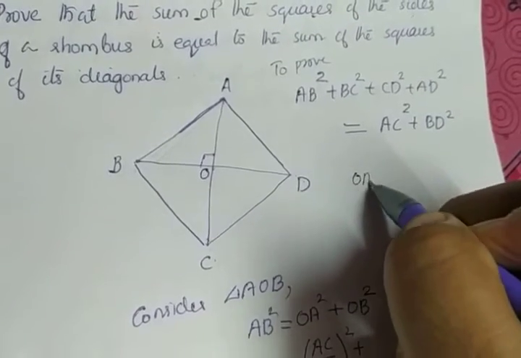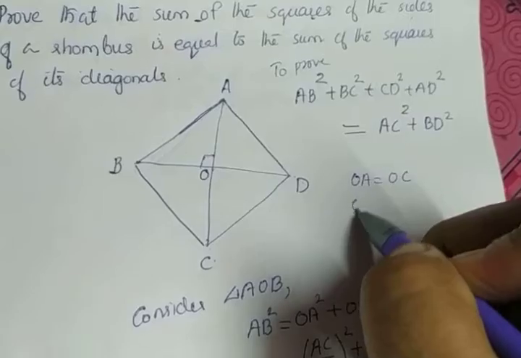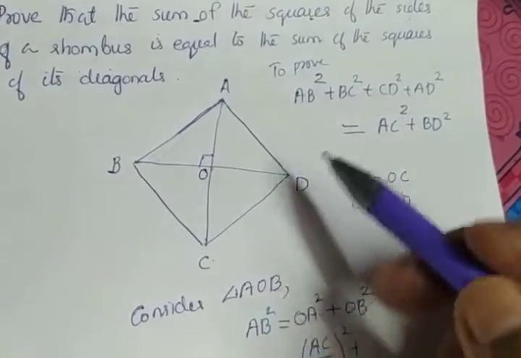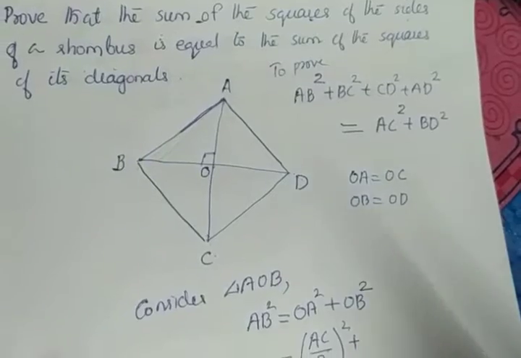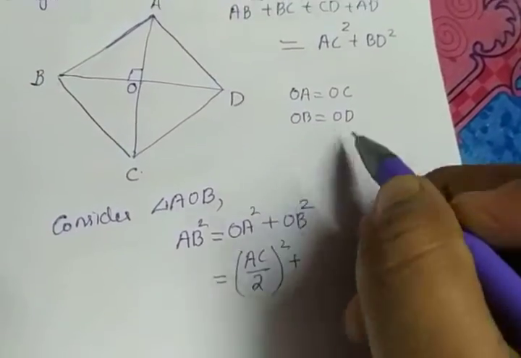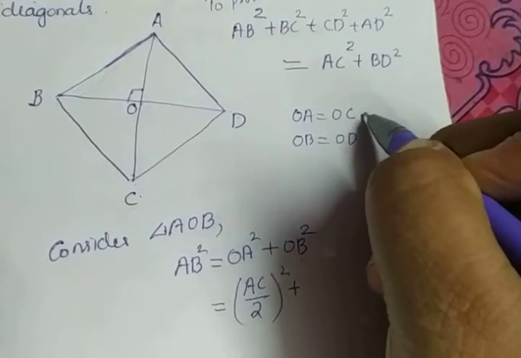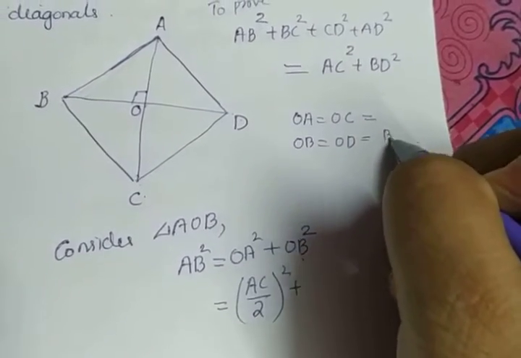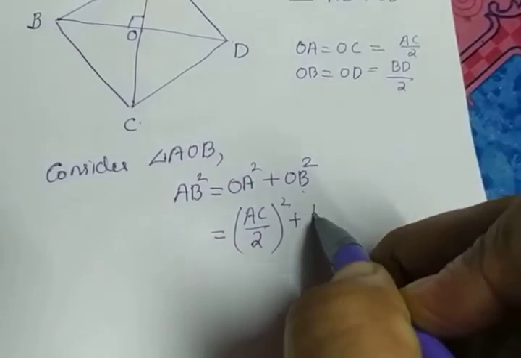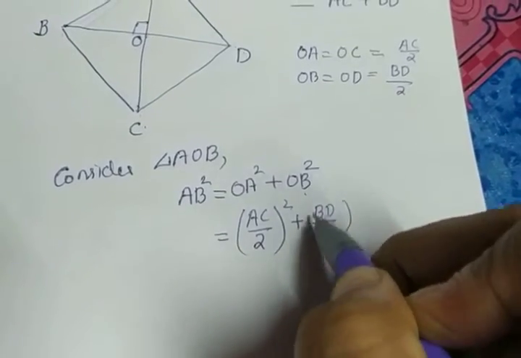We can write OA equal to OC and OB equal to OD. Why? Because diagonals are perpendicular bisectors of the rhombus. So instead of OB, I can give the value BD divided by 2. Okay, so this is equal to BD divided by 2, the whole square.